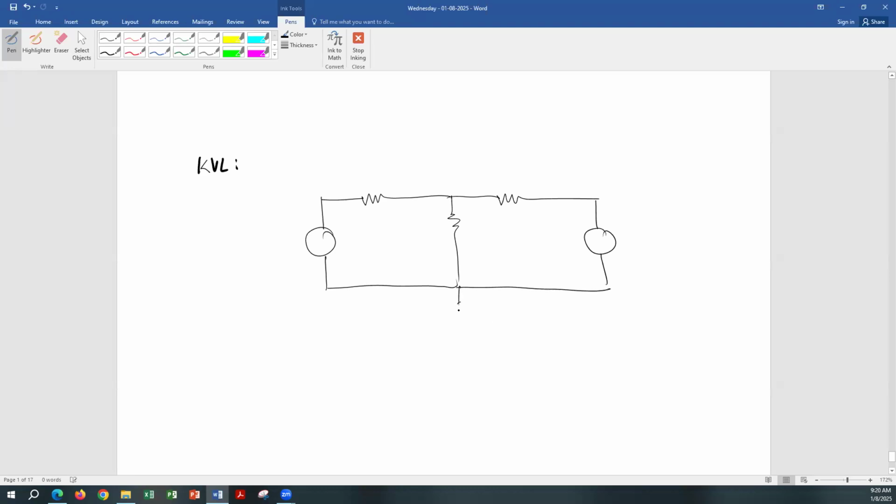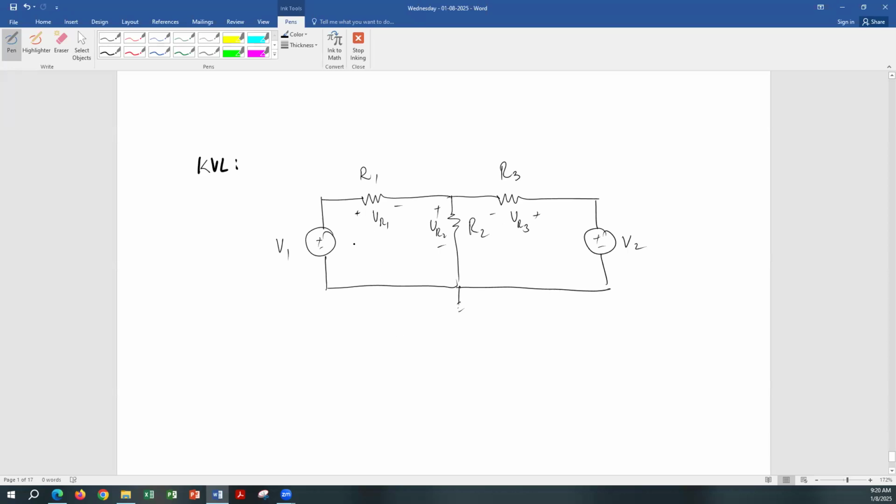All right, so if you have two loops, let's say you have voltage V1, voltage V2, and some resistors R1, R2, R3, with voltages VR1, VR2, and VR3.